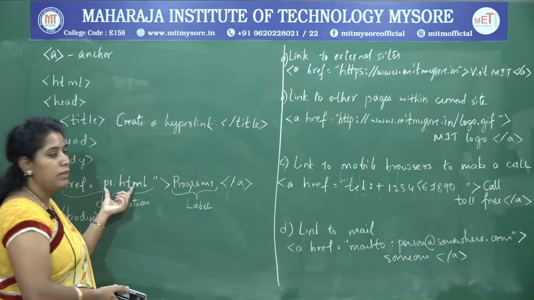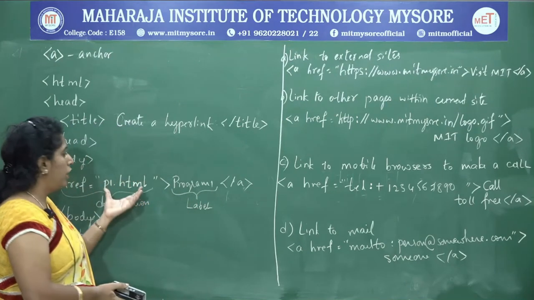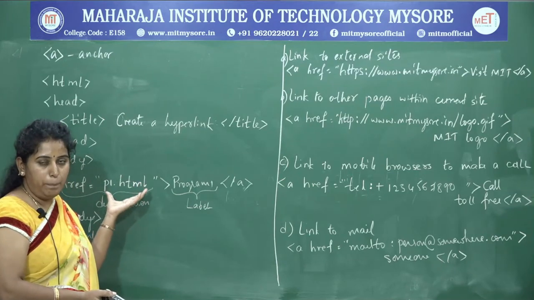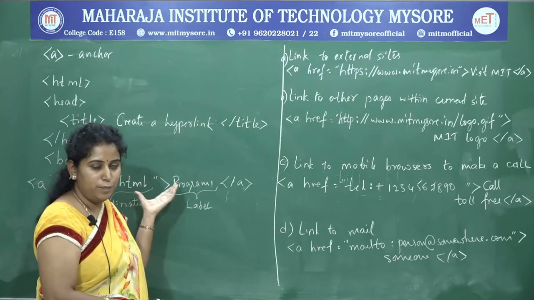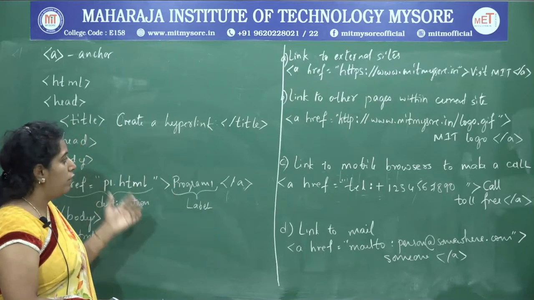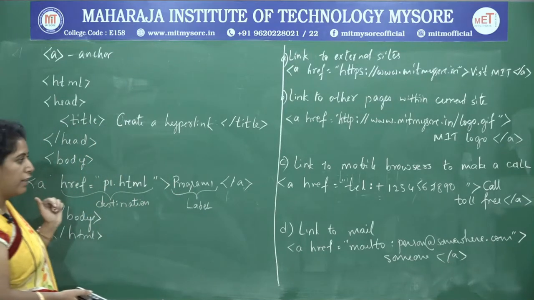In case this file is present in some other directory, by that time you need to pass the entire path, okay, where that file actually exists. Okay, so this is how a hyperlink can be created by making use of an anchor tag.